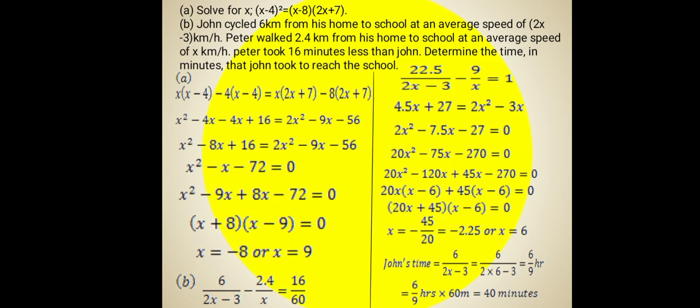Now I've been told the time difference between them was 16 minutes. Now if you equate the time difference between them to be 16, and then we solve for x, we find that John took 6/9 hours. Multiplied by 60, that is 40 minutes.